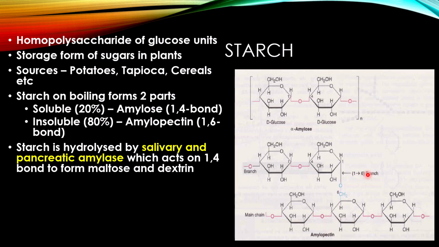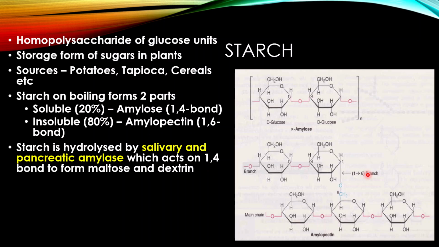Now starch is hydrolyzed by the enzyme known as amylase. In our body, when we take in starch, it is hydrolyzed by amylase. We have two types of amylase, salivary amylase and pancreatic amylase, based on the location.